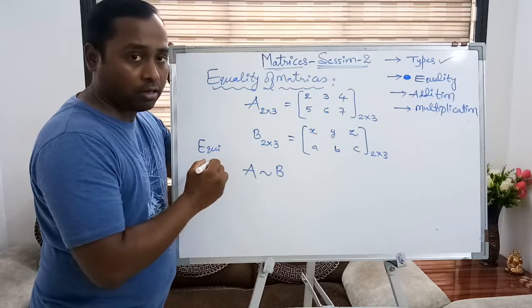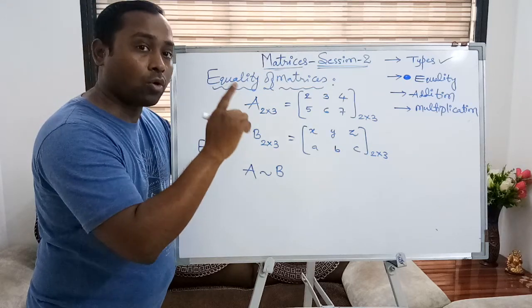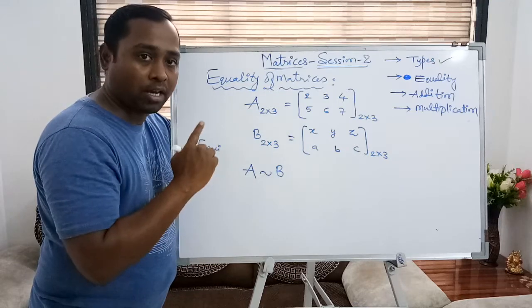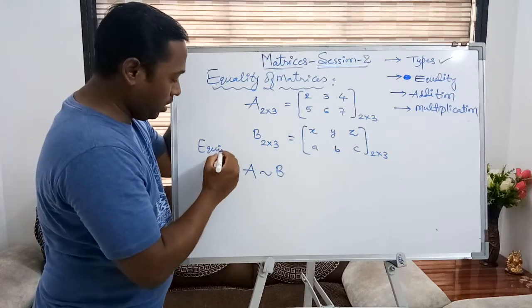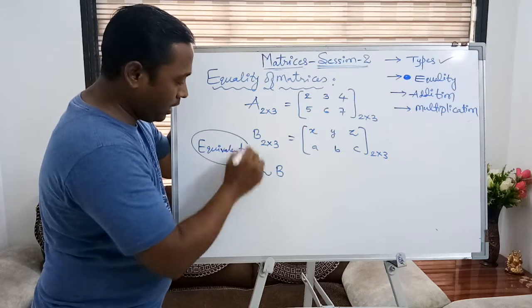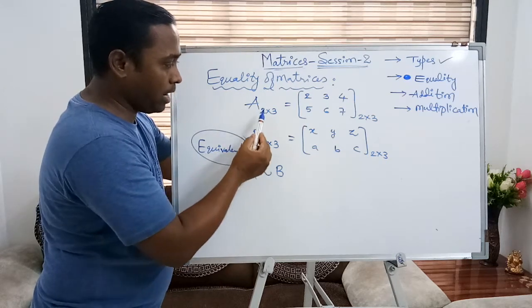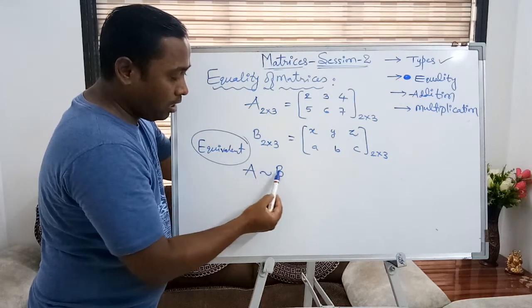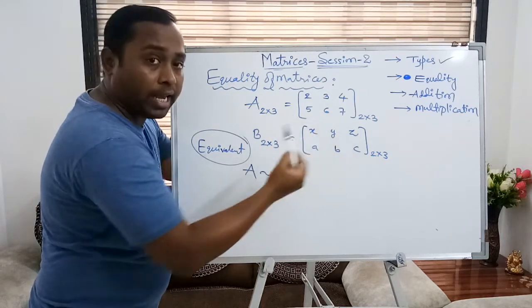Remember two things. Here we call it equivalent, just like in a triangle, similar and congruent. You can apply the same concept over here, where equivalent matrices means the matrix orders are the same. We can equate their corresponding elements.